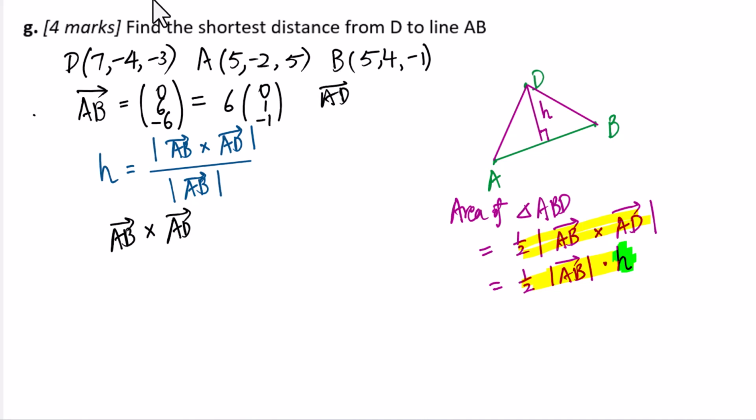Vector AD equals, easy, ending point minus starting point: 7, -4, -3 minus 5, -2, 5.